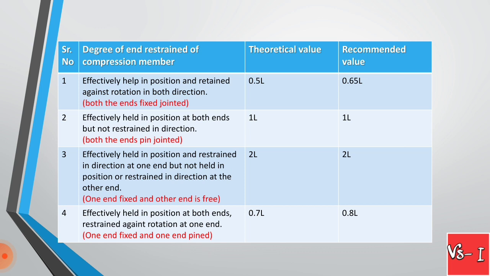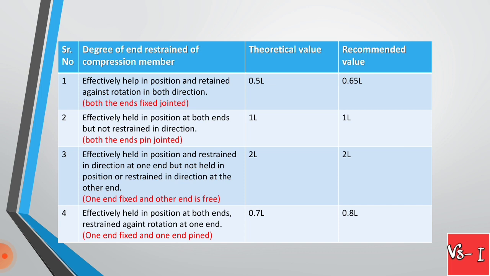Here we can see the effective length for different end conditions, with the degree of end restraint of a compression member, then the theoretical values and recommended values. Mainly for the calculations we consider theoretical values.